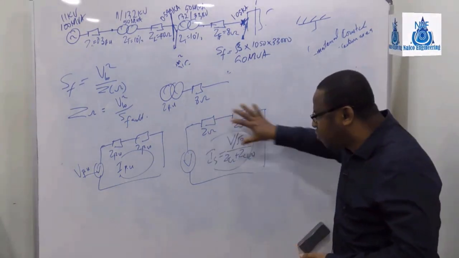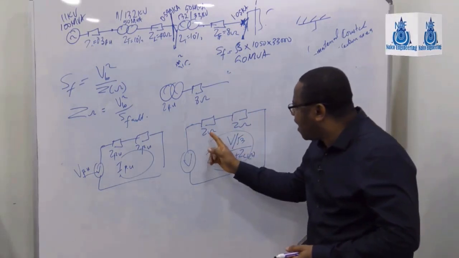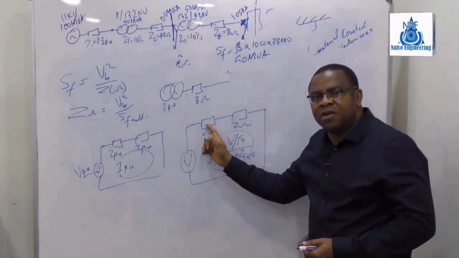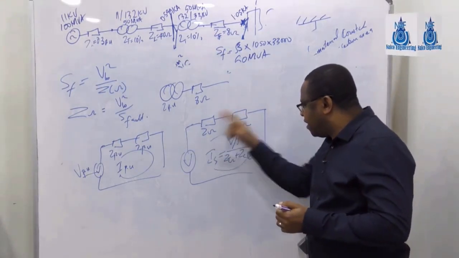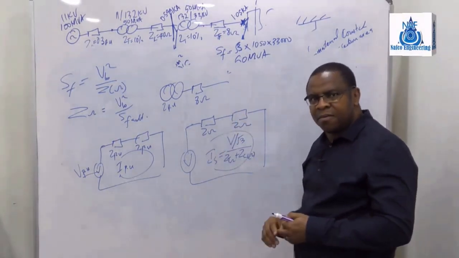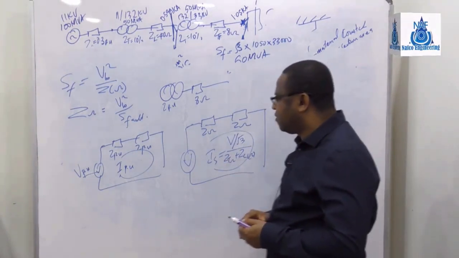See, this is the one that we know very well. So if I can get the impedance of the transformer in ohms, good. Then I will leave this one in ohms and then use this and solve to get I short circuit.